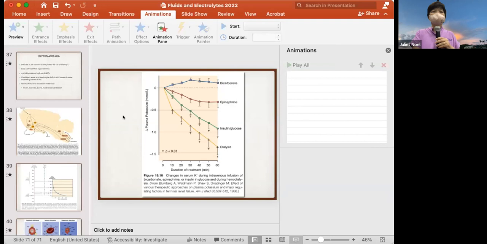Okay. So that's why if you have a secretory type of diarrhea like cholera, you are losing isotonic fluid. If you have a diarrhea like amoebiasis, it's usually hypotonic. Usually you lose bicarbonate and potassium.